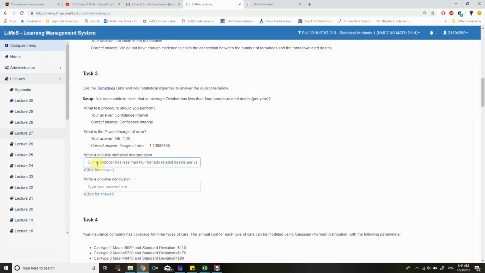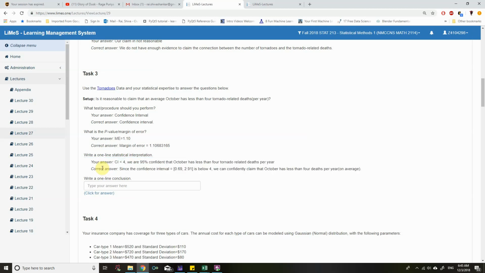So we can say that we are 95% confident that October has less than 4 tornado related deaths per year. Okay, one line conclusion. Yes, it is reasonable to claim that October has less than 4 tornado related deaths per year.